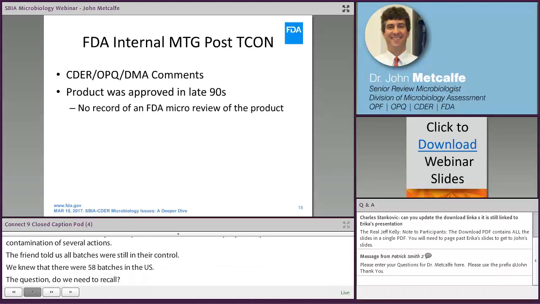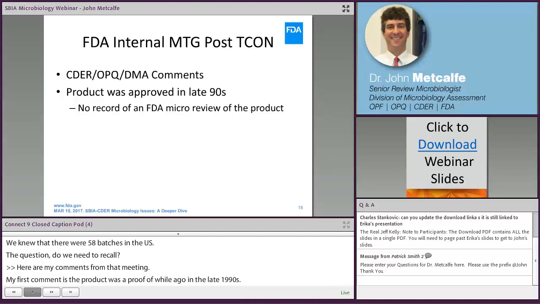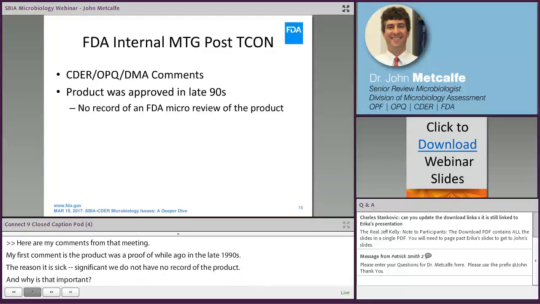Well, my first comment is the product was approved a while ago, back in the late 1990s. The reason that's significant is that we had no record of an FDA microbiology review. Why is that important? Well, first of all, let me explain that in the 1990s, and certainly today as well, most of our effort in DMA is focused on the sterile drugs because those present the highest risk to patients.